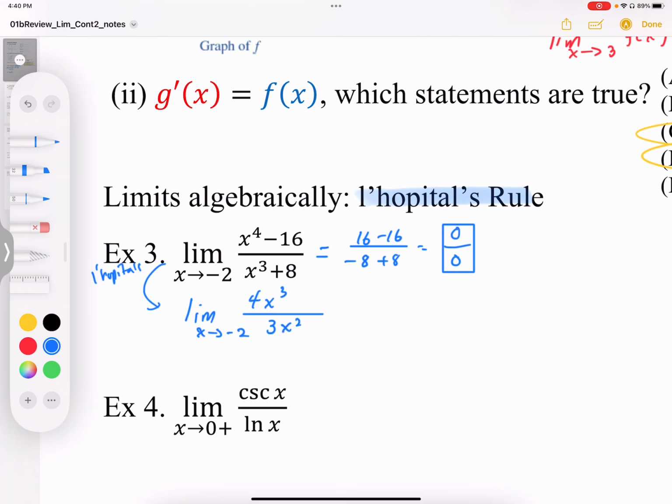That simplifies to 4x over 3, since an x cancels. Now I can evaluate this limit. When I plug it in, I end up with -8 over 3. So this is my limit.